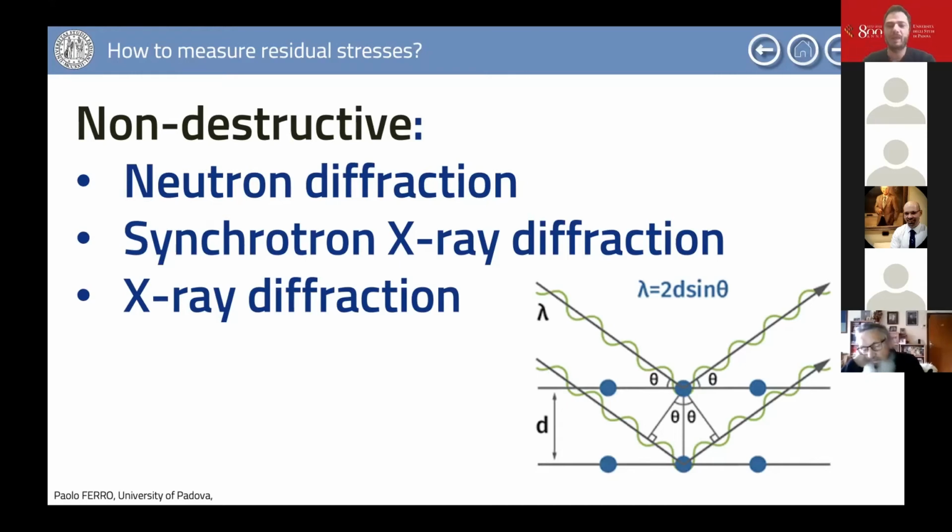According to the energy of the beam, we can assess the residual stresses at different depths of the component. For example, using X-ray diffraction, we can measure residual stress only at the surface of the component or very close to the surface. On the other hand, using neutron diffraction, we can assess the residual stress more in depth.